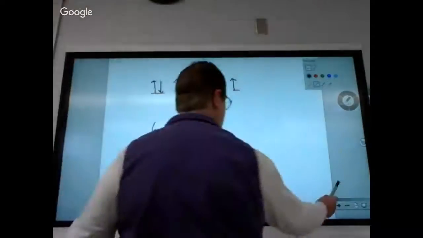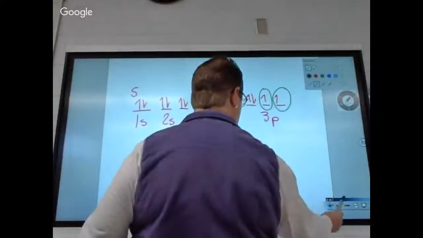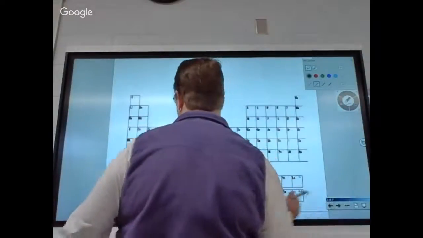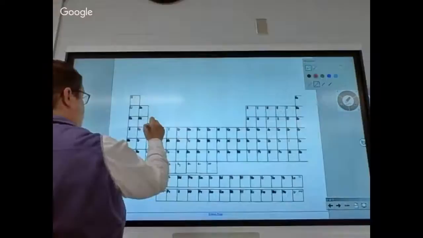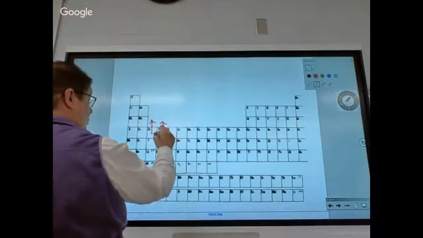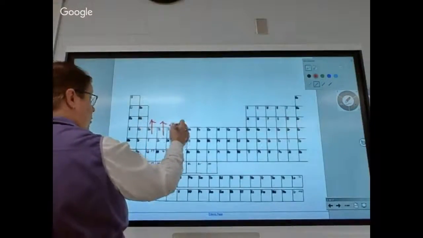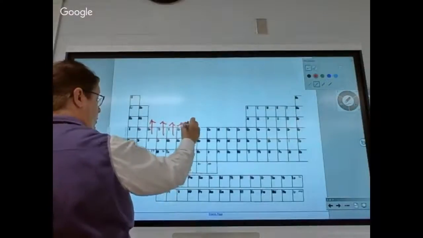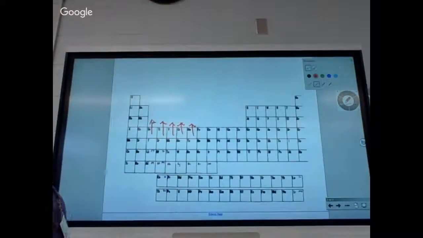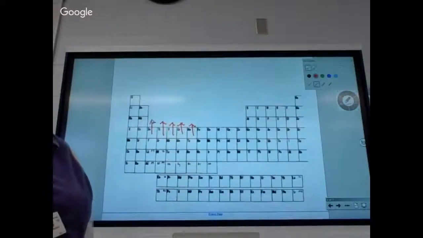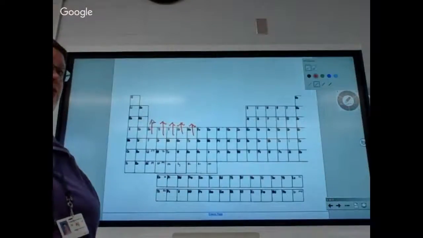But why would it just be the second one, the D sub one? Because the second one's going to go, this one's going to go up, this one's going to go up, this one's going to go up, this one's going to go up, this one's going to go up. Those first 5 are all going up in their own orbital. They're not going to pair. The second one's not going to choose to share with the first guy.